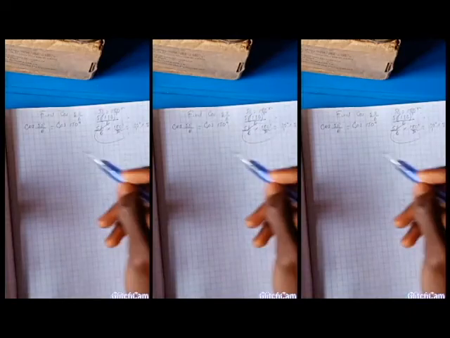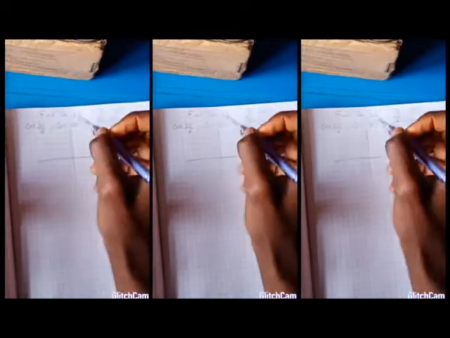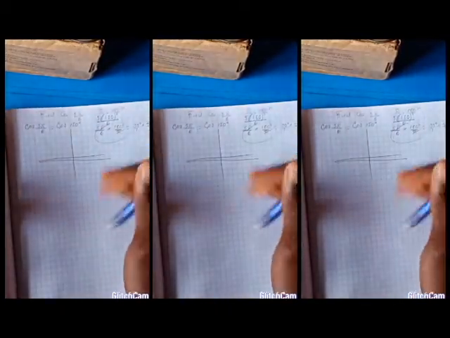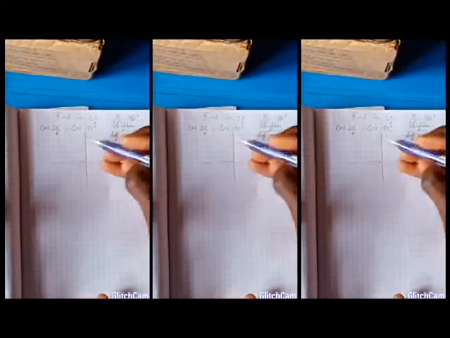The first thing we can do is plot 150 degrees and create one of the two triangles from it. I can't draw, excuse me.